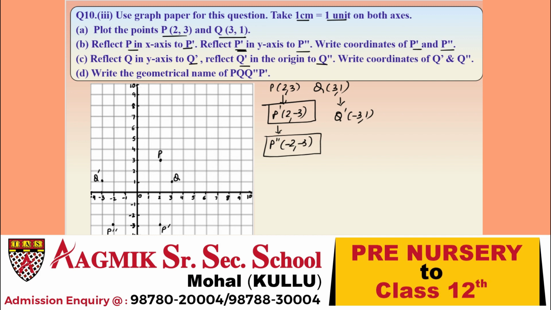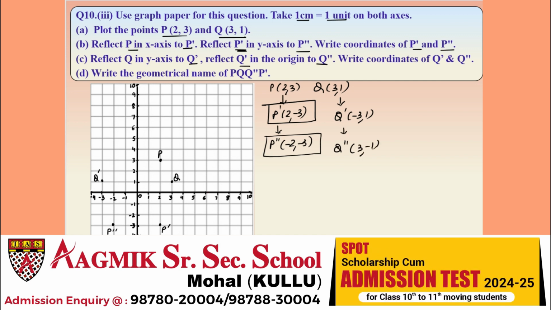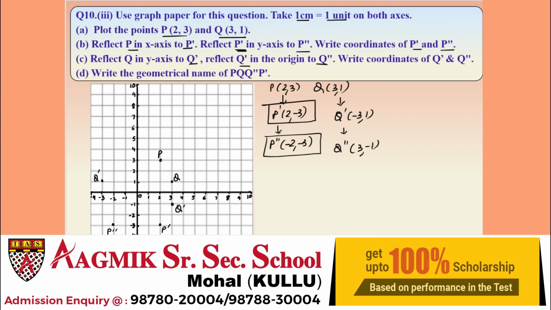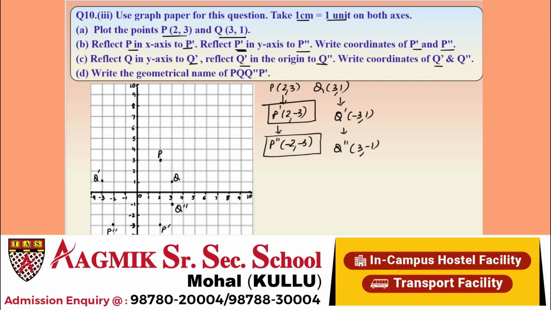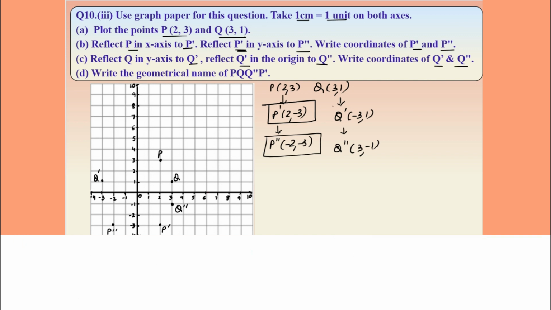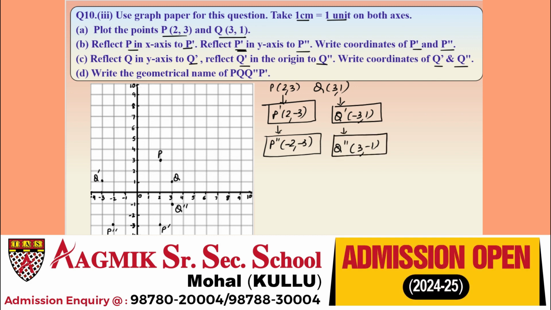So if you reflect Q dash in origin to Q double dash, it would be equal to (3, minus 1). So that means it will be this point. This will be Q double dash. Okay, reflection in origin. Then write the coordinates of Q dash and Q double dash. So these are the coordinates of Q dash and Q double dash.